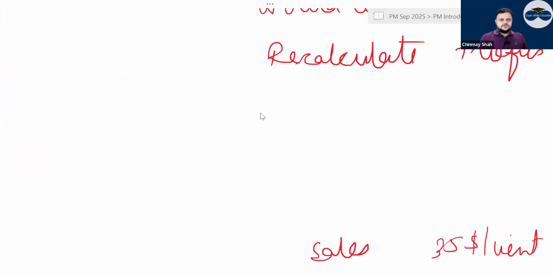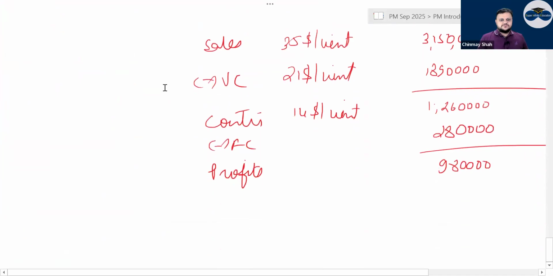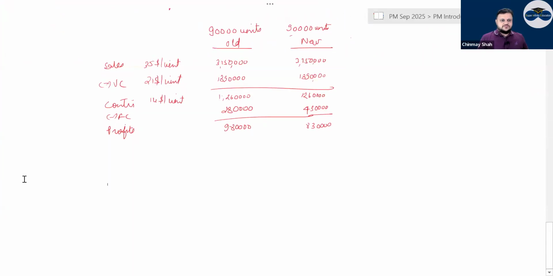Write down: analysis of semi variable cost.